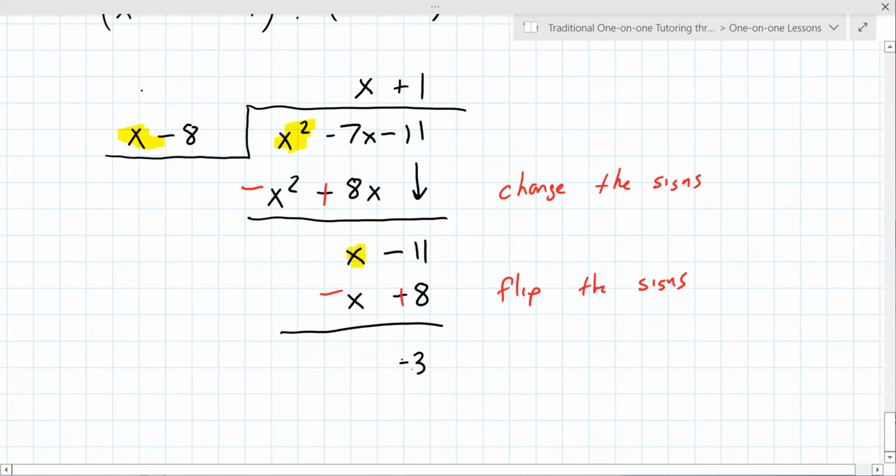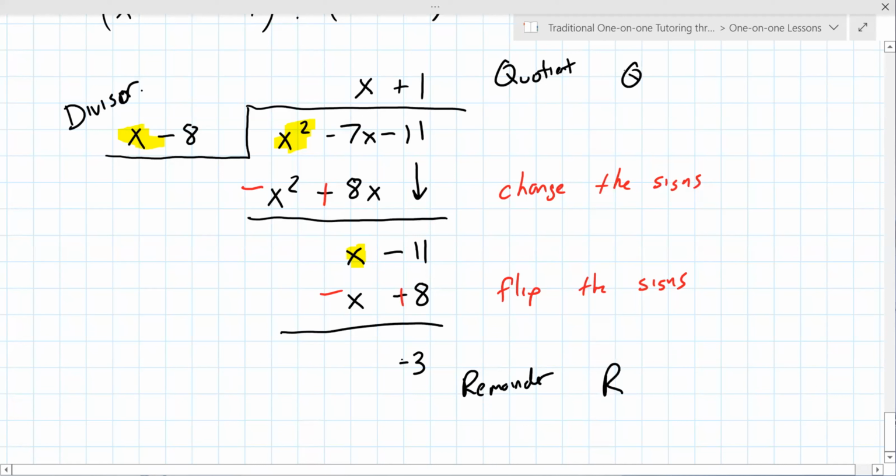Now, do you always get a number? No. Sometimes you get 0. But this number is your remainder. This thing up here is called your quotient. And the thing on the left here is called your divisor. I don't make these up.